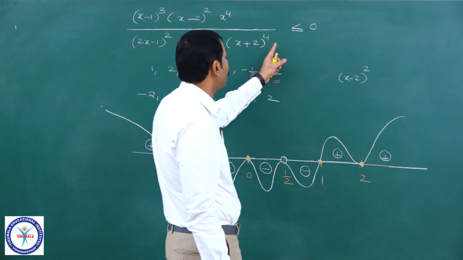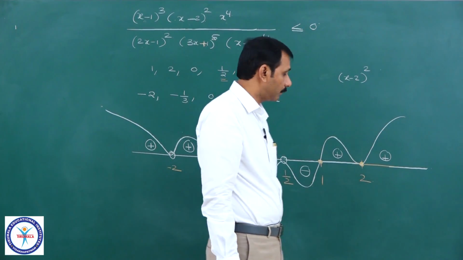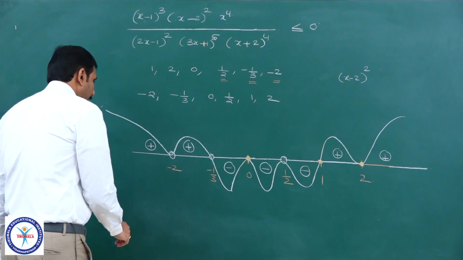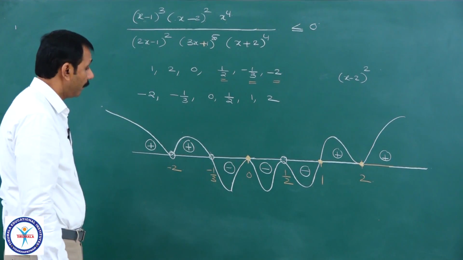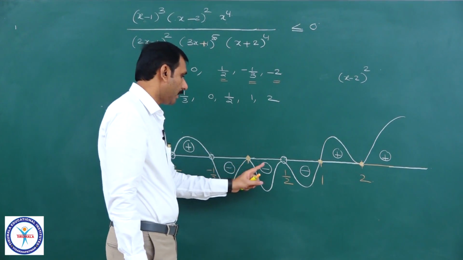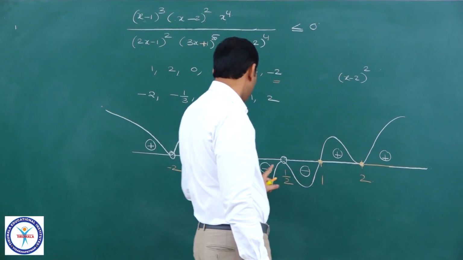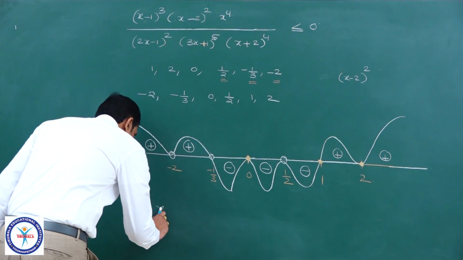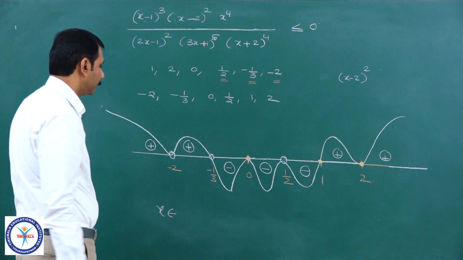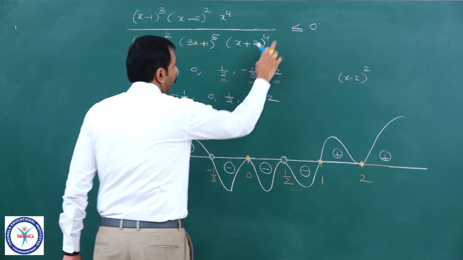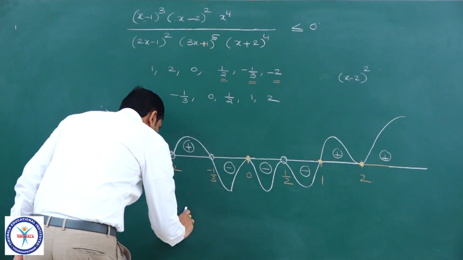Now I want the values of x where it is less than or equal to 0. Where it is less than or equal to 0 means you check, here it is negative, here it is negative, here it is negative. That's all. These 3 intervals I have to write. Therefore, the solution is x belongs to, see, open circle means this should not be included even if it is less than or equal to 0.